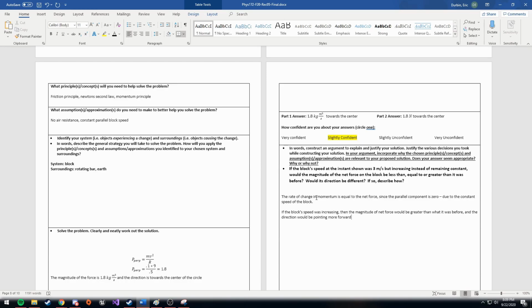Pointing more in the direction of velocity than before. Yeah, I like that phrasing better.